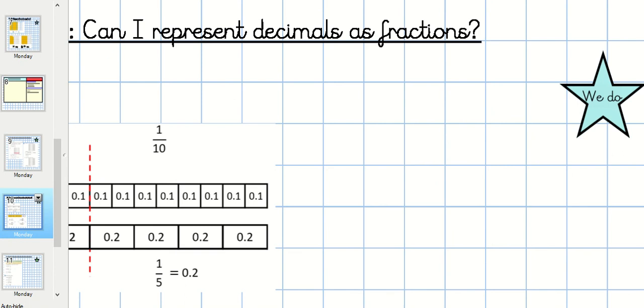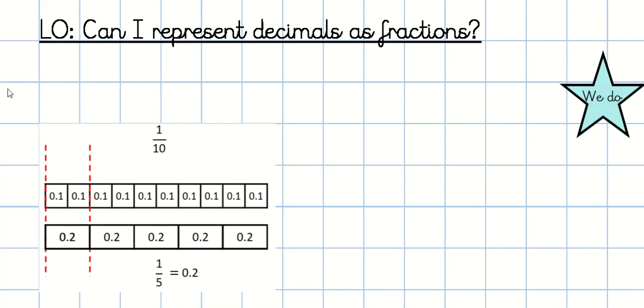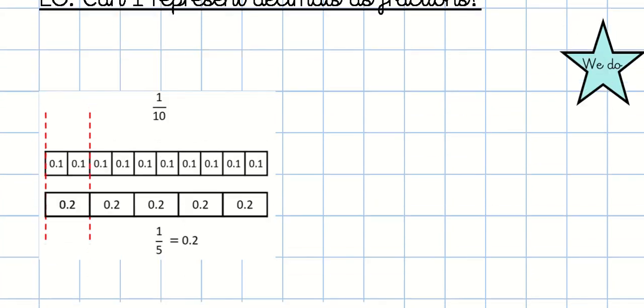So then if I look at this next question here, here I have 0.1s. And we know that one of my 0.1s is equal to 1/10. So this is going to equal 1/10. However, here we have 2/10.